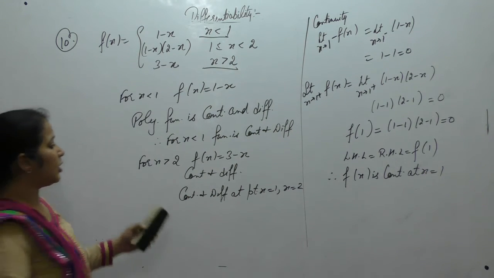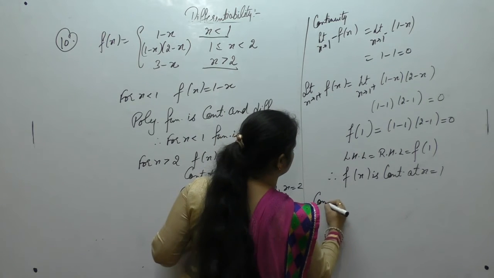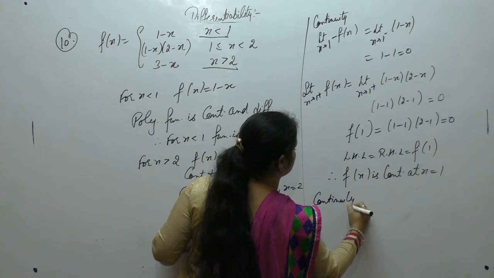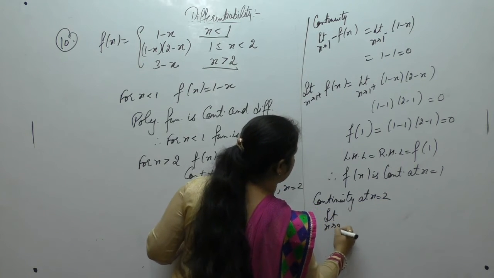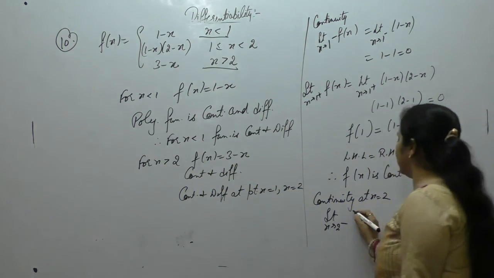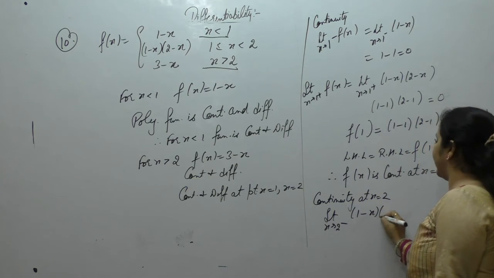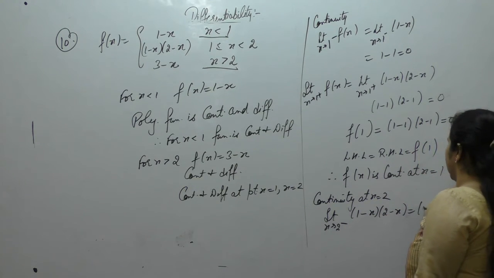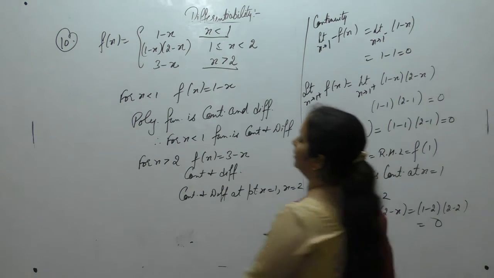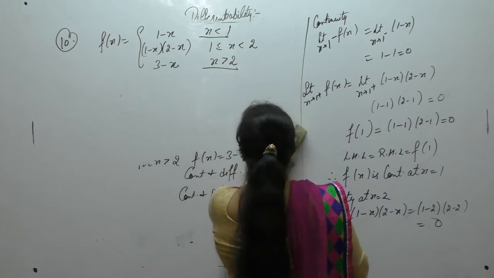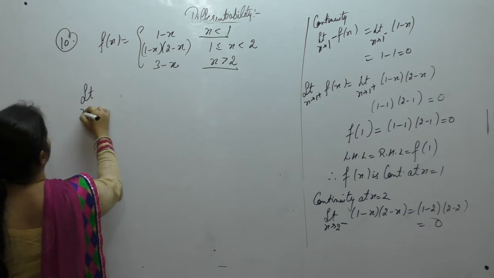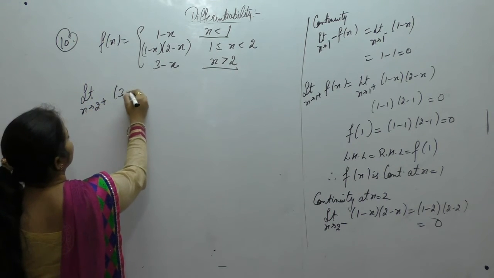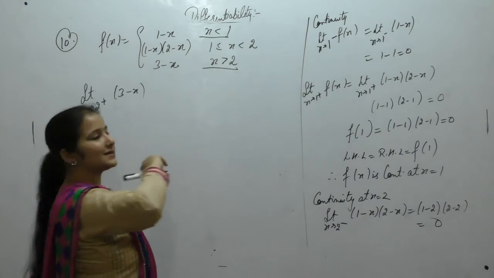Now let us check the continuity at x equals 2. Left hand limit x tends to 2 negative: when x is less than 2, then the function has value 2 minus x, so 2 minus 2, 0. Now right hand limit, x tends to 2 positive: x is greater than 2, then the function has value 3 minus x.